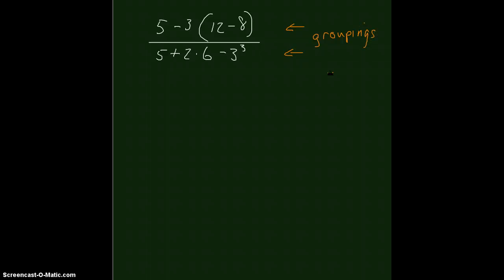And this means these are essentially parentheses. They're the P of please excuse my dear Aunt Sally. So I'm going to do the operations in the numerator completely, and then do the operations in the denominator completely. So let's do that. So I have 5 minus 3, 12 minus 8 is 4.